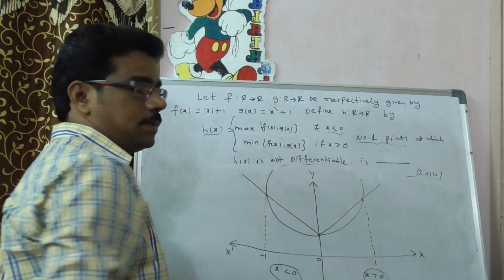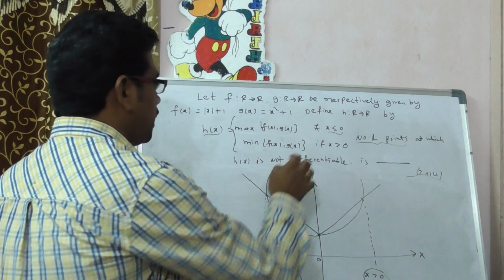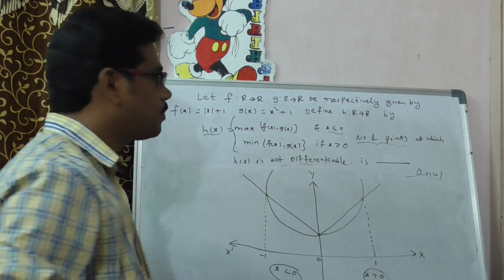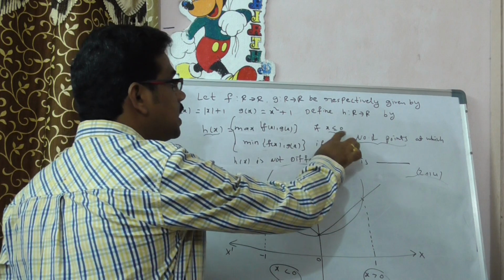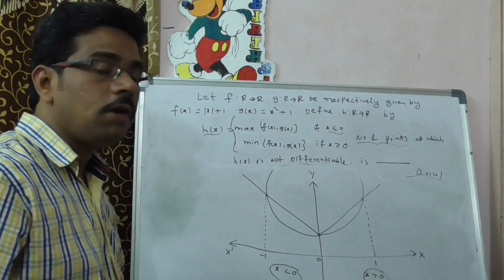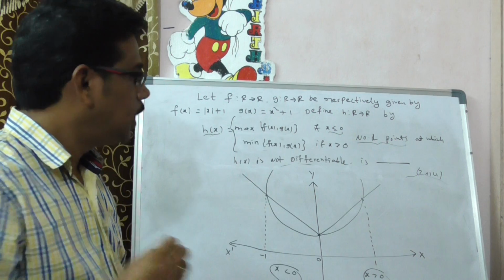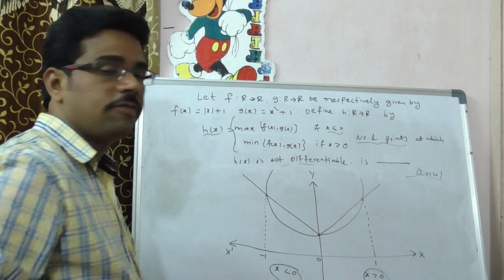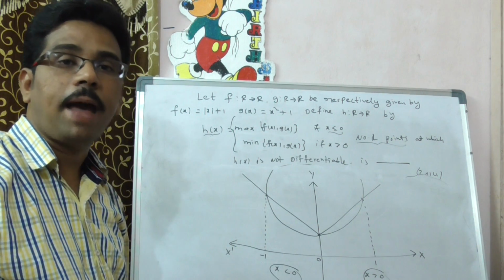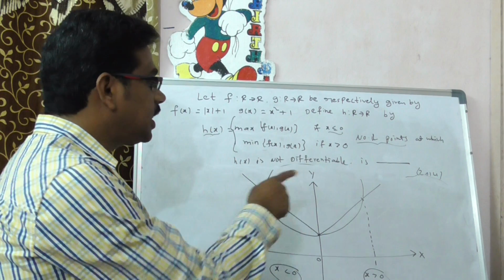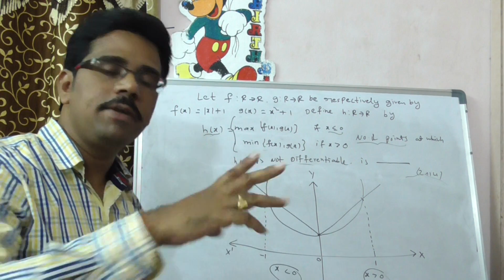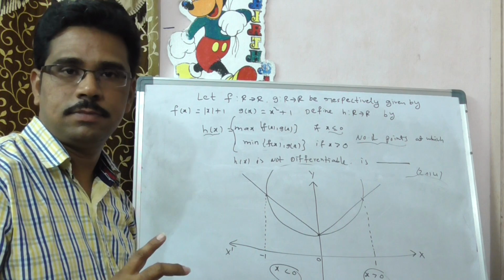Now apply conditions. What is the condition here? Where do we have to take the maximum? If x is less than or equal to 0, you have to identify the maximum. If x is greater than 0, you have to identify the minimum. How to identify maximum and minimum? By using the graph. A very, very important concept in calculus.